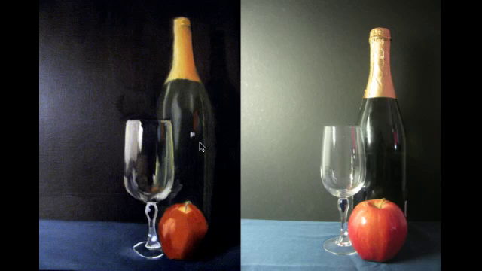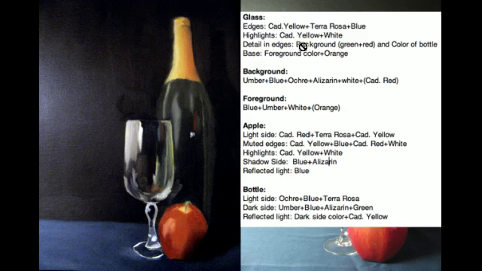We'll go through it again a little bit more, but the edges are a complement mix, gray. And if we make a grayer, darker version of a color and then we layer highlights on top, the highlights will pop out, which is exactly what we're going for.